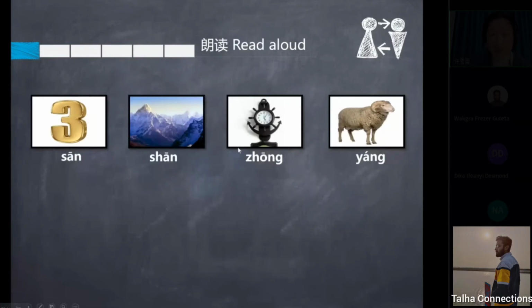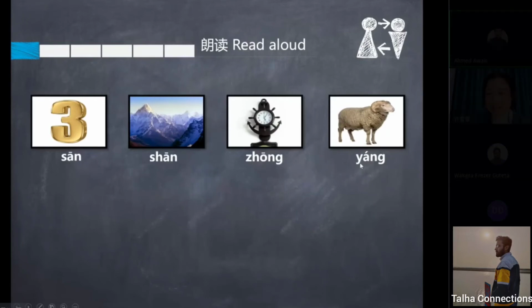So this zhōng is clock, but Zhōngwén is another zhōng, even though they are pronounced the same way. That's why we need to learn characters. Thank you. Very good.